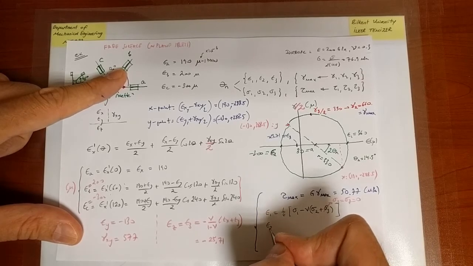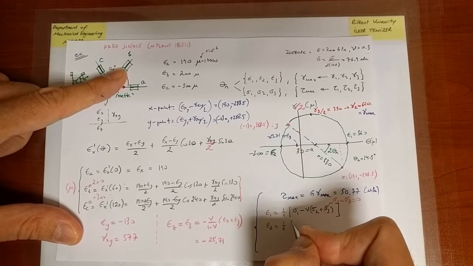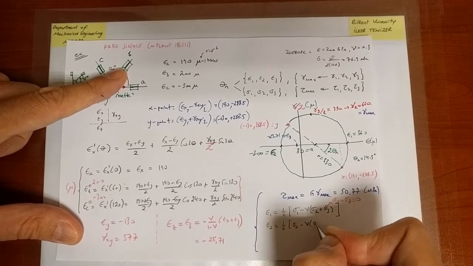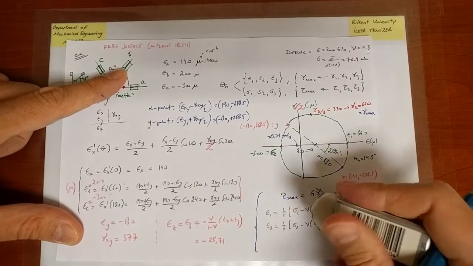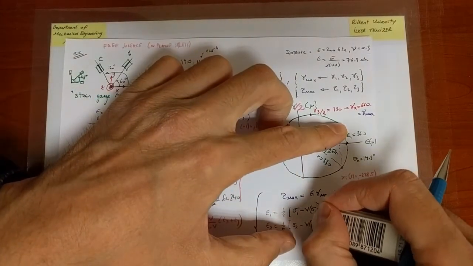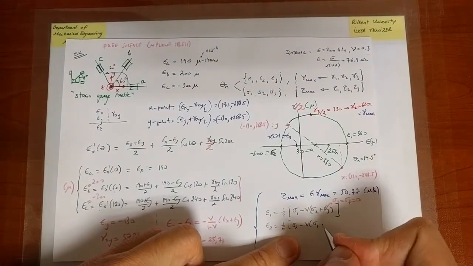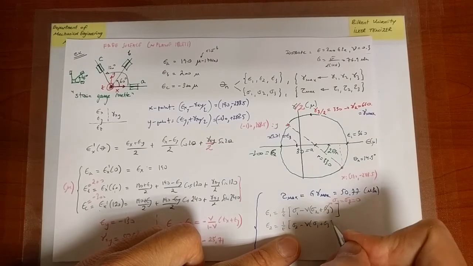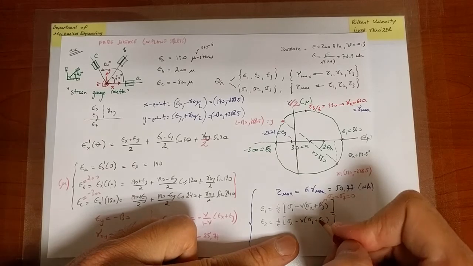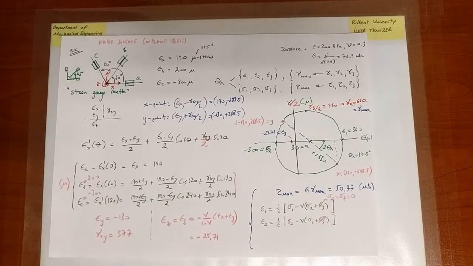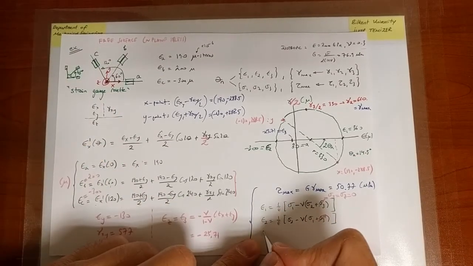And epsilon 2 is equal to 1 over E times sigma 2 minus nu times sigma 1 plus sigma 3, sorry. And here as well, sigma 3 is equal to 0. Now, of course, there is a third relation.